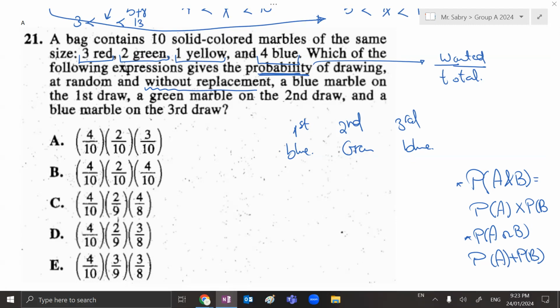So I'm going to get the probability of the first, multiplied by the probability of the second, multiplied by the probability of the third.